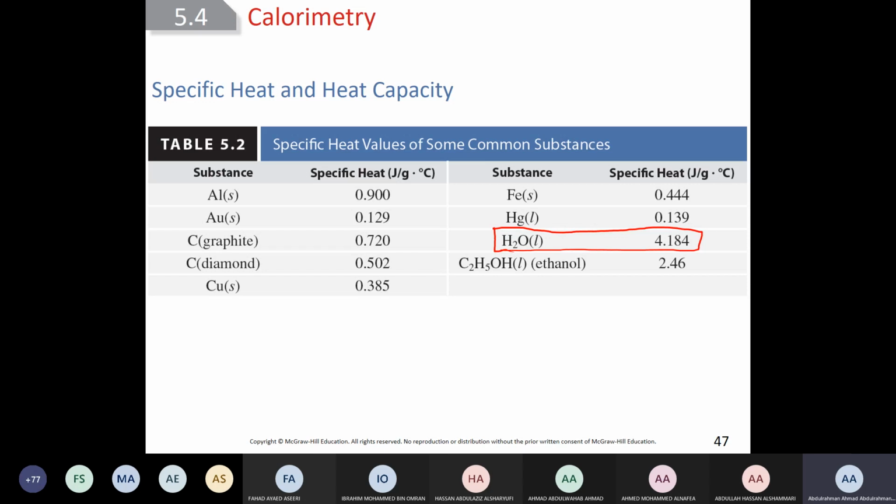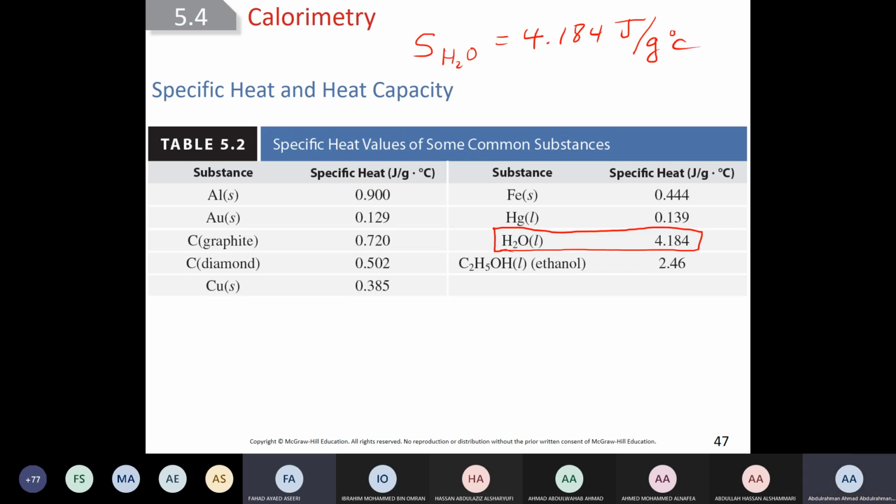What's the specific heat of water? 4.184 joule per gram Celsius.